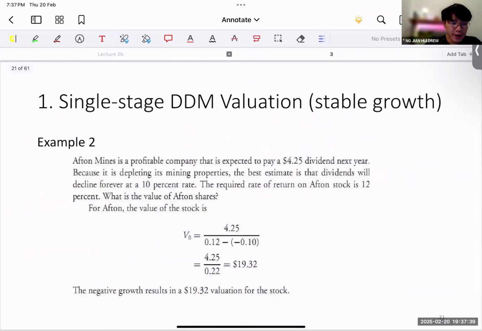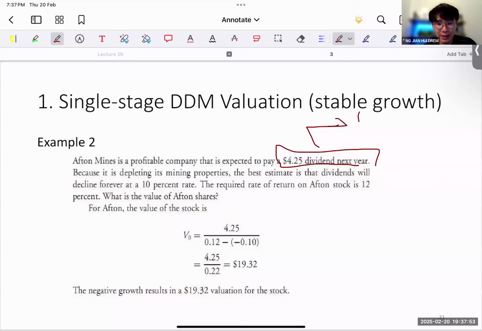One more question, very similar. In this case, the company pays a dividend of 4.25 next year. So next year, is this D0 or D1? D1, yeah, right. That's correct.